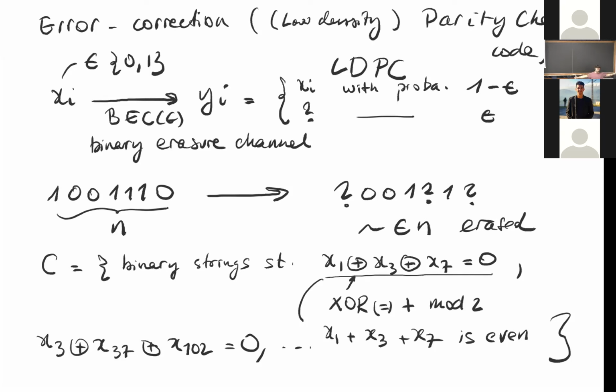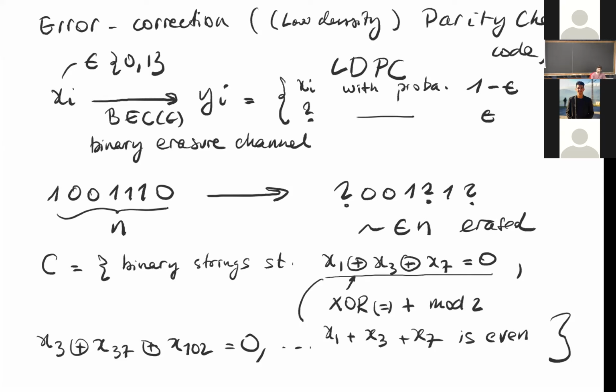This defines a huge set of binary strings, sequences of bits, but not all of them. Only some particular ones, the sequences of bits that verify these specific constraints.